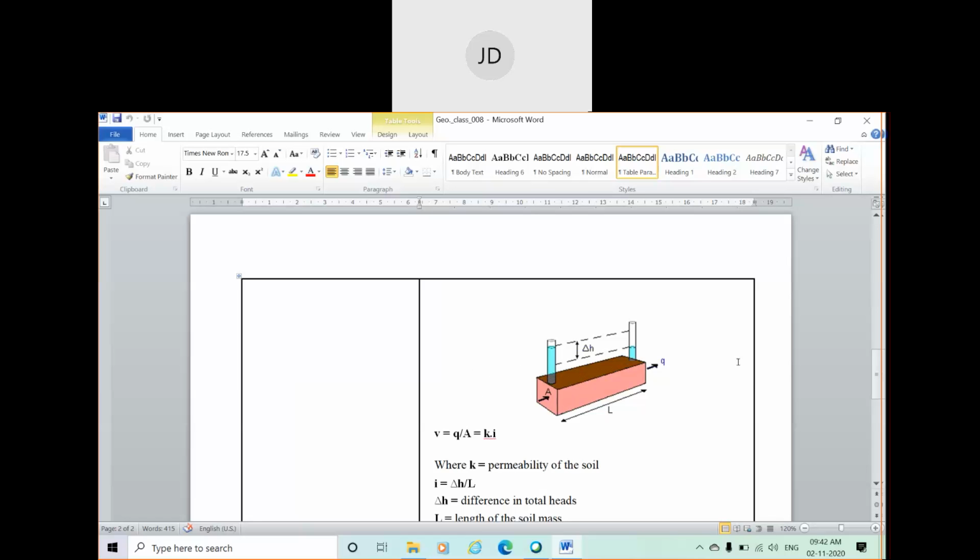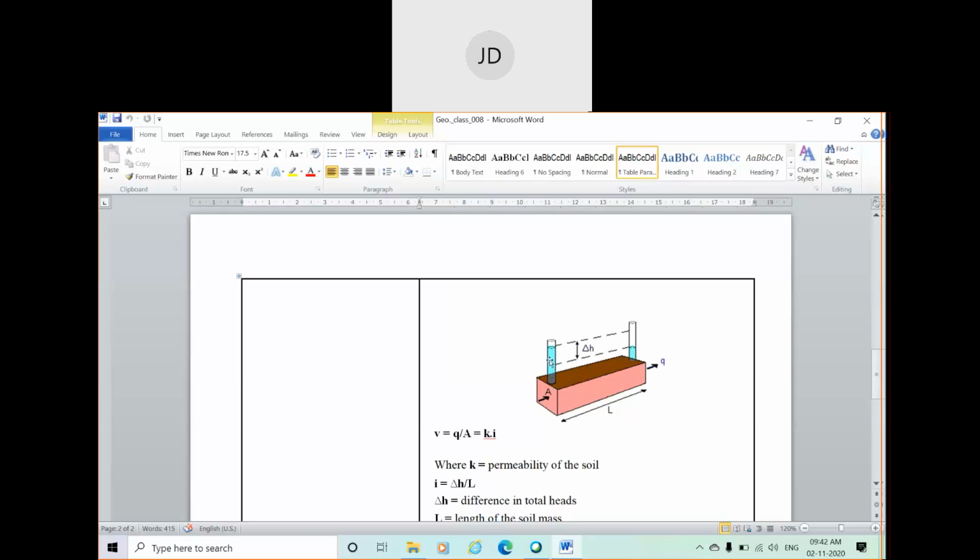How can we say? Because of these two piezometers, which are inserted at the entry point and exit point.